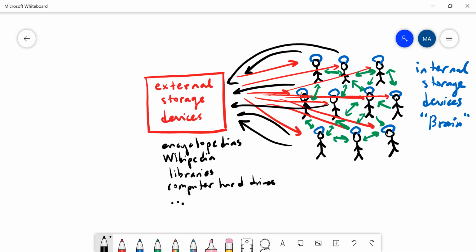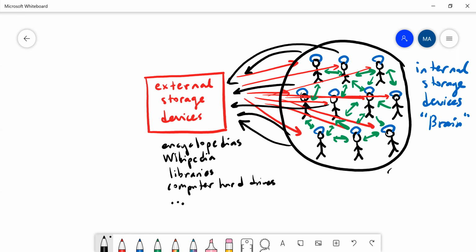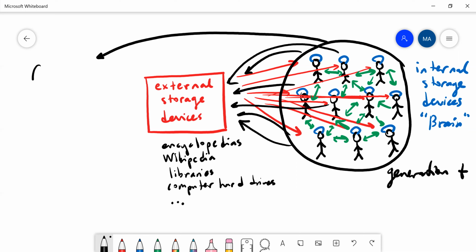There is actually one other component. This is just one generation. Let's say this is generation T. Now, what happens to the other generations? As time passes, there is another generation here, generation T plus 1.